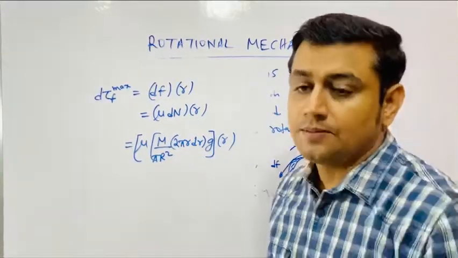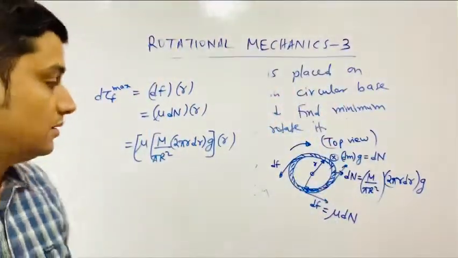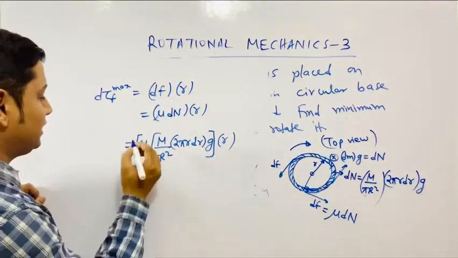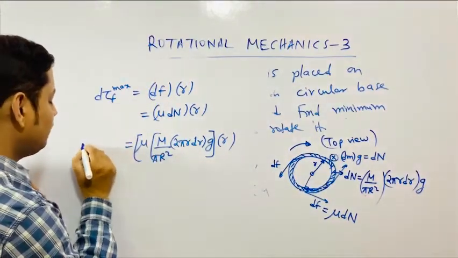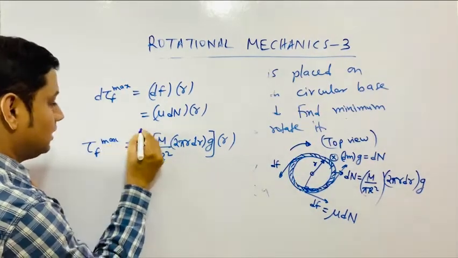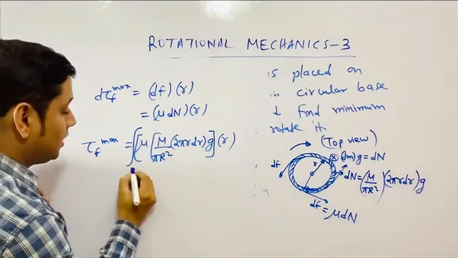Now the total preventing frictional torque on the entire cylinder would be the integration of this. If you want to get tau max, integrate from 0 to r.